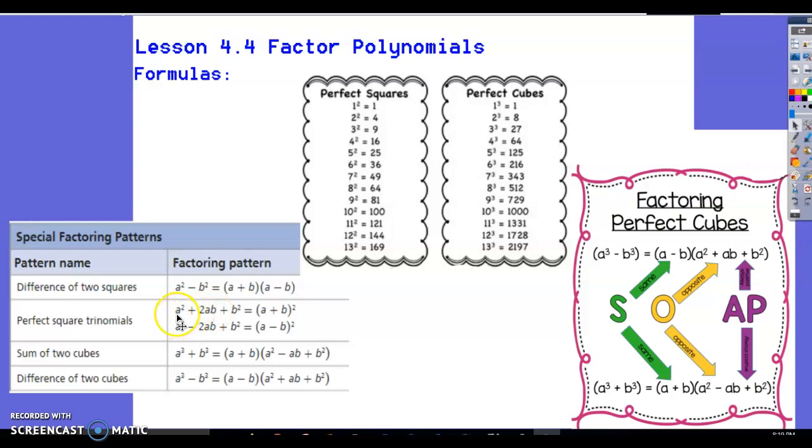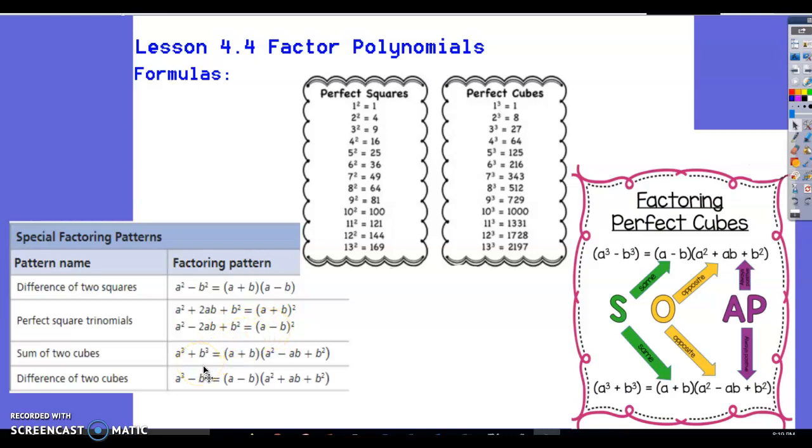For instance, if you have x squared here and 4 here, you know that a is x and b is 2, so this would be 4x in the middle, and that would be factored very quickly as x plus 2 quantity squared. So don't just memorize the letters. If they don't mean anything to you, it's not helpful.